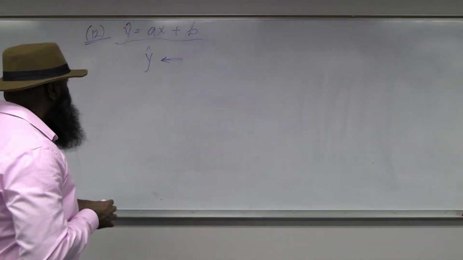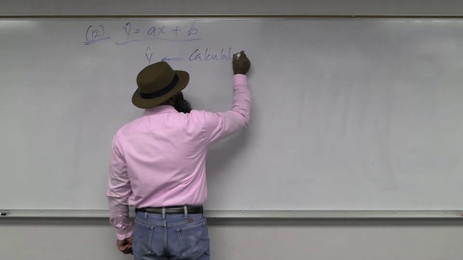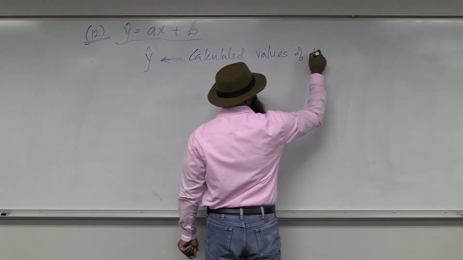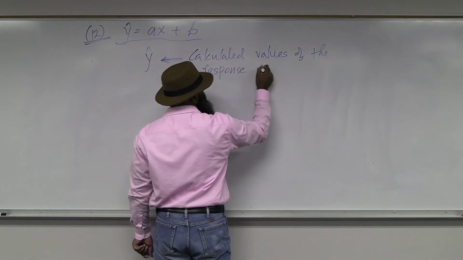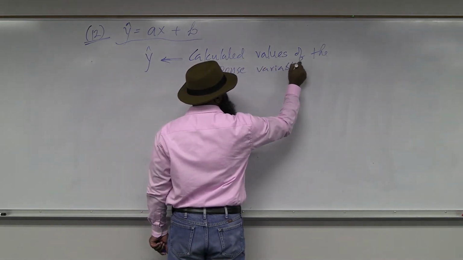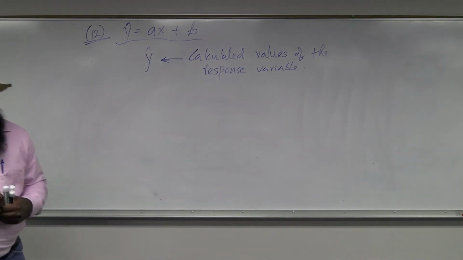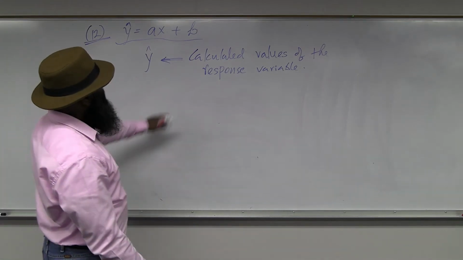So I will say these are the calculated values of the response variable, y hat. Then we have to interpret b and a of this equation.